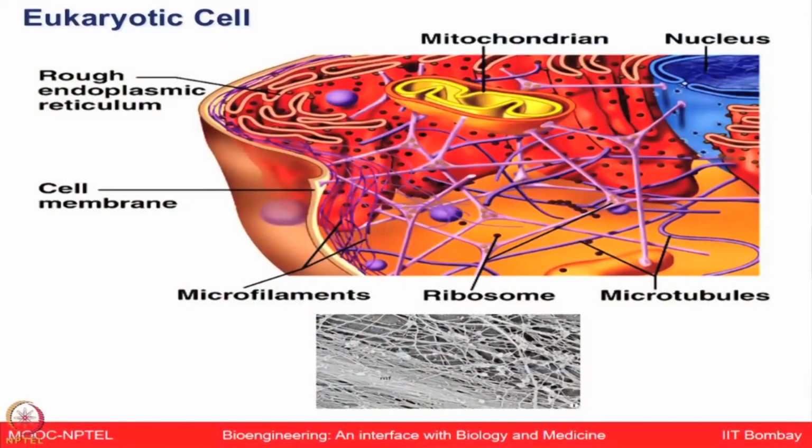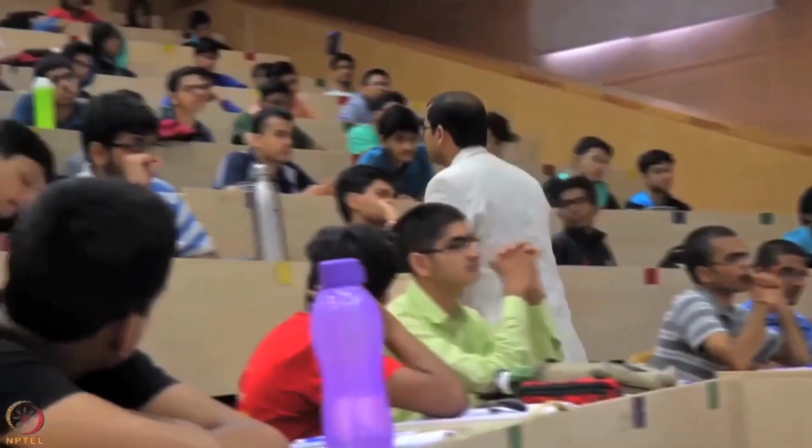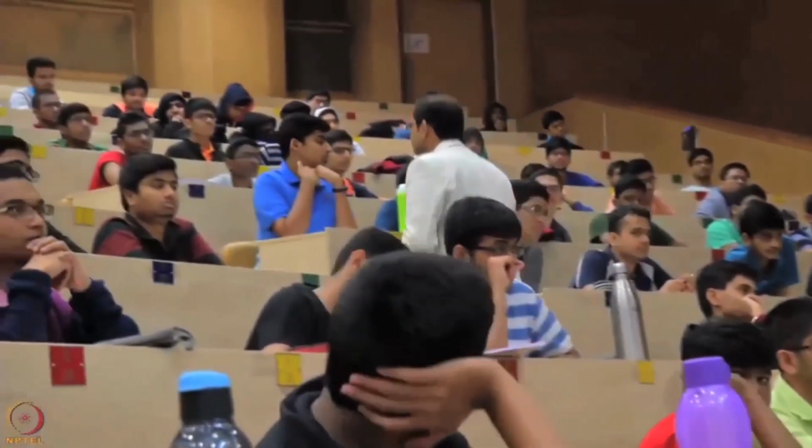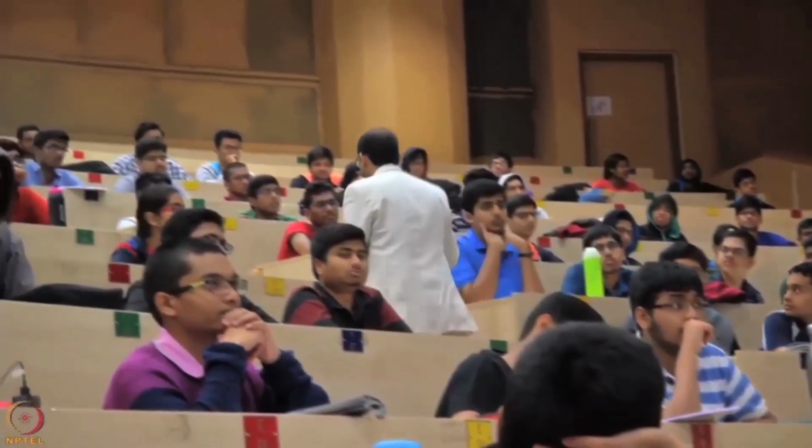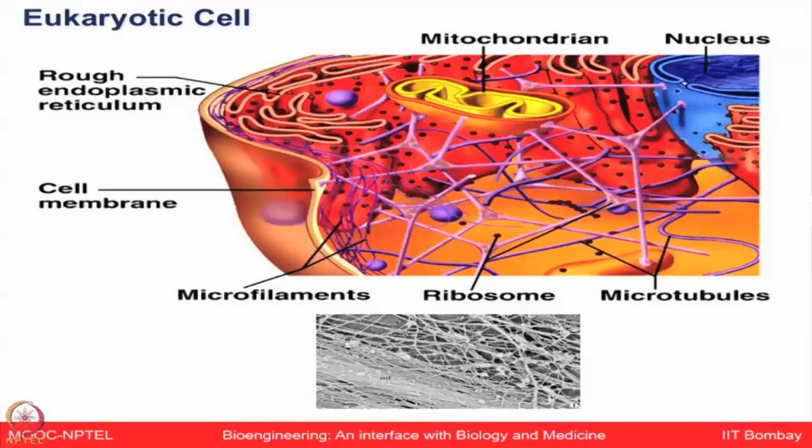Now, what is the role of cytoskeletal elements or cytoskeleton? It provides a structural framework of the cell and governs how the organelles are positioned in the cell. So, it provides intracellular transport and is also involved in chromosome movement.